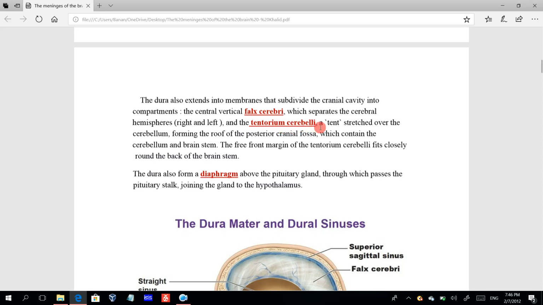Tentorium cerebelli is a tent, just like a tent, stretched over the cerebellum, forming the roof of the posterior cranial fossa, which contains the cerebellum and the brainstem. The free front margin of the tentorium cerebelli fits closely round the back of the brainstem.